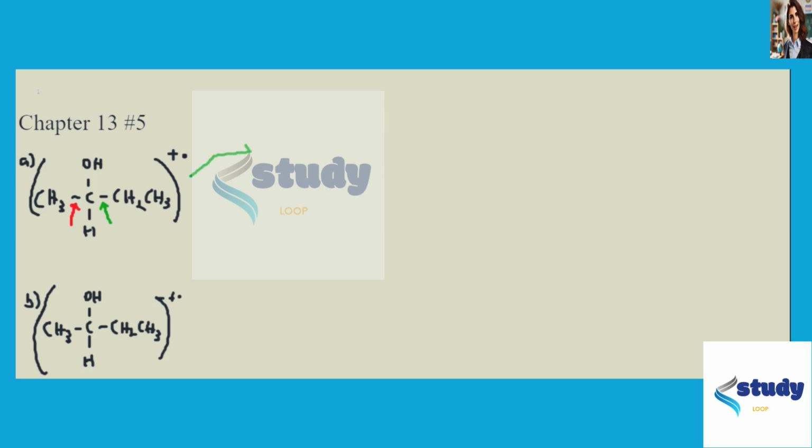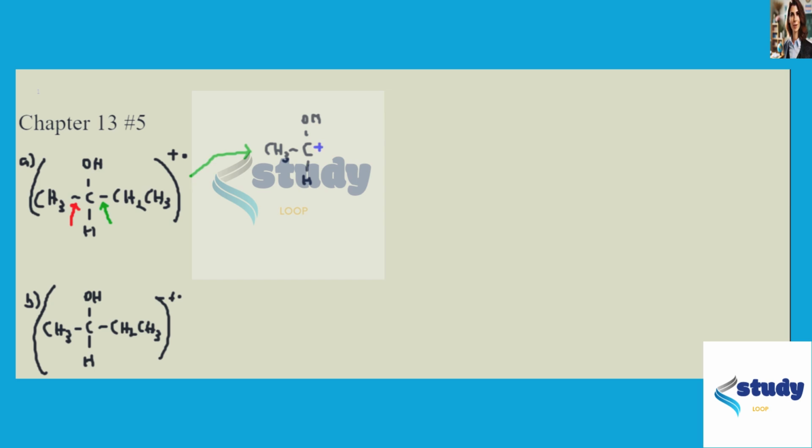If the green bond were to be cleaved, we would get this set of molecules. When that bond is cleaved, we end up with this carbon with the alcohol still on it, the methyl group here, the hydrogen here, and then this carbon has a positive charge on it.